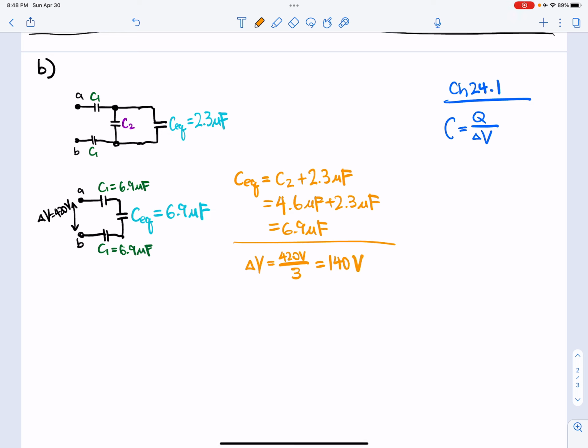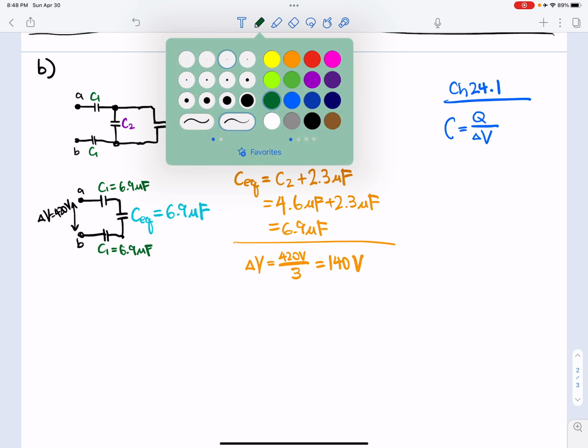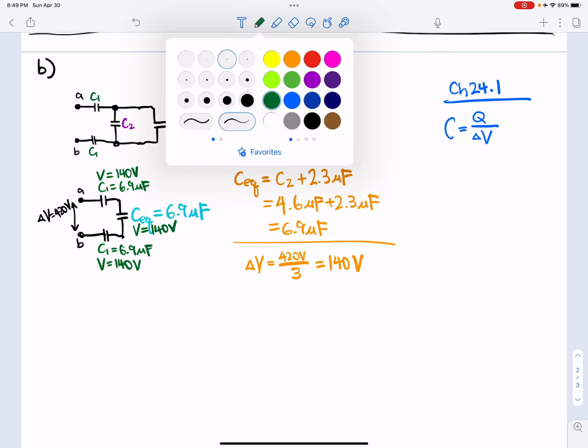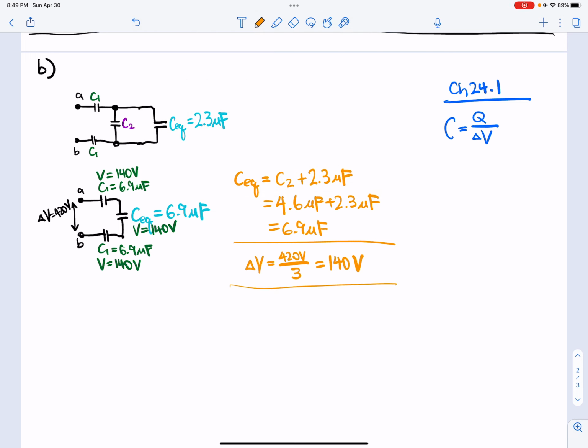So I know the V here is equal to 140 volts, V here is equal to 140 volts, and V here is equal to 140 volts, right? So now I can find my charge. And again, the charge is going to be the same for all three capacitors, which is obvious since the capacitance is equal and the voltage is equal for all three of them.